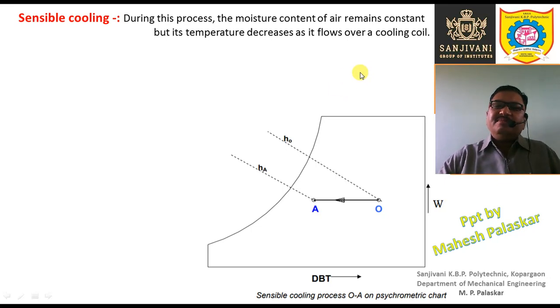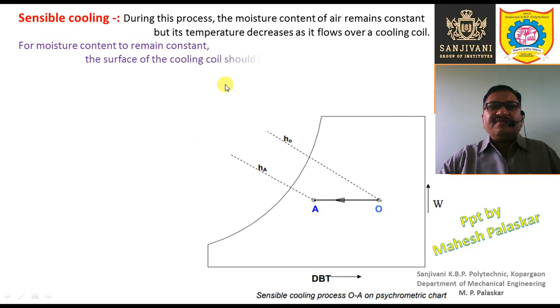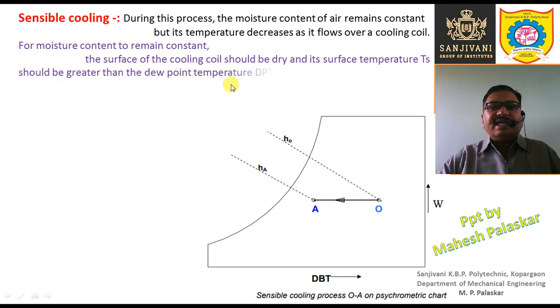So the air stream is brought in contact with the cooling coil, and thus the dry bulb temperature is decreased, right. For moisture content to remain constant, the surface of the cooling coil should be dry and its surface temperature should be greater than the dew point temperature and less than the dry bulb temperature. Of course, the surface temperature of the cooling coil should be less than the dry bulb temperature, then only sensible cooling will take place.